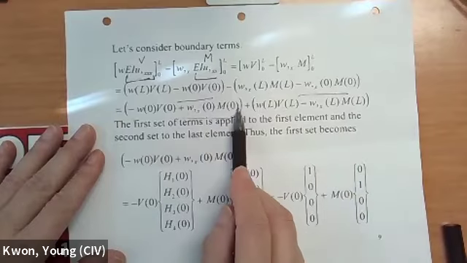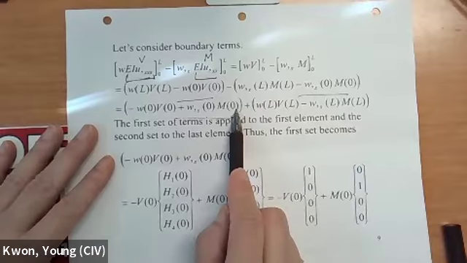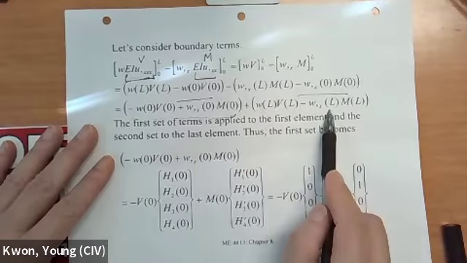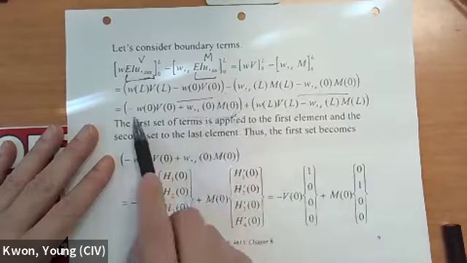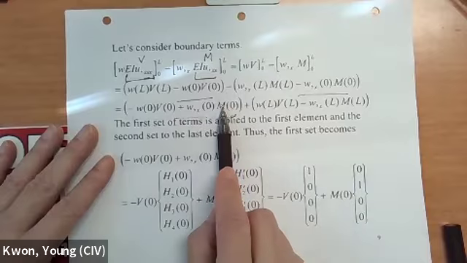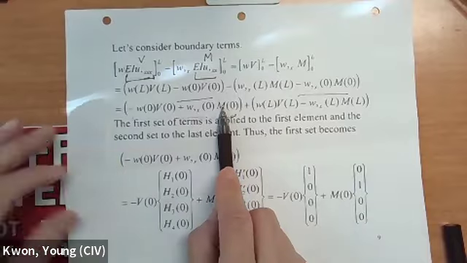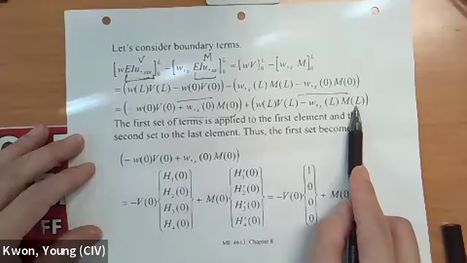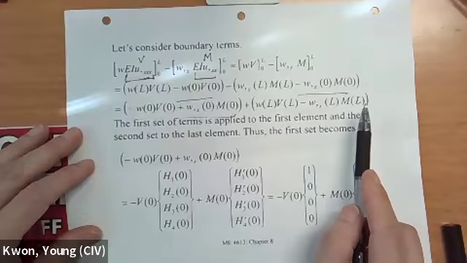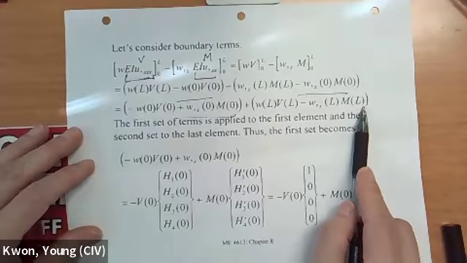So the first term is evaluated at the first element, which contains the left side of the boundary, and this is evaluated at the last element, which contains the right side of the boundary.